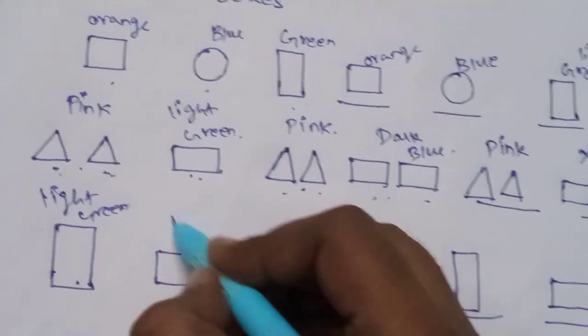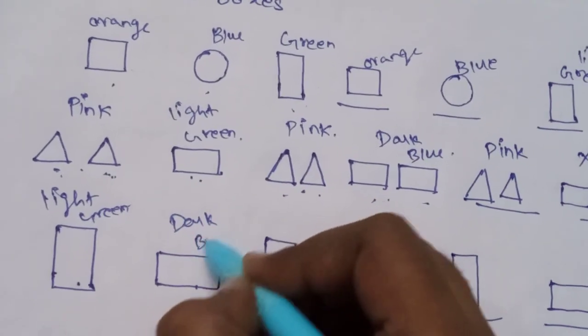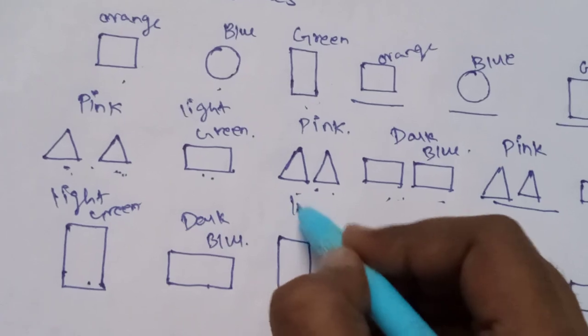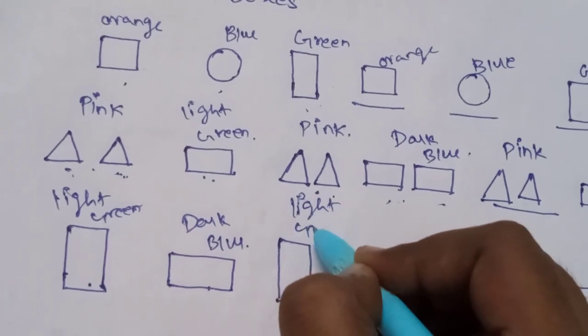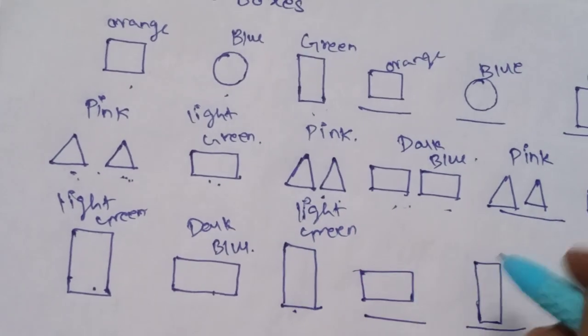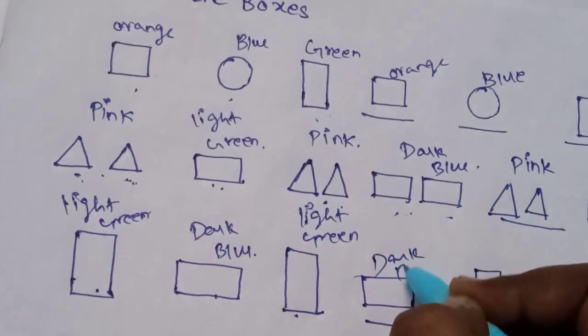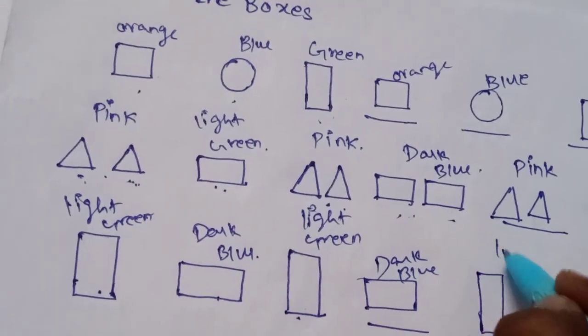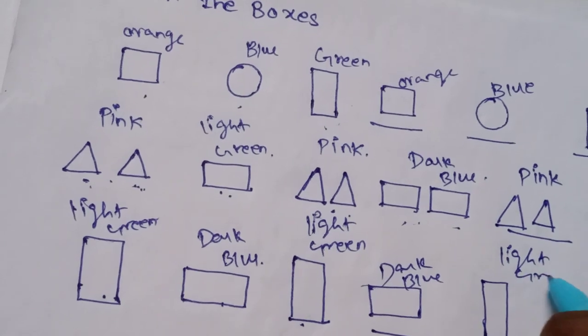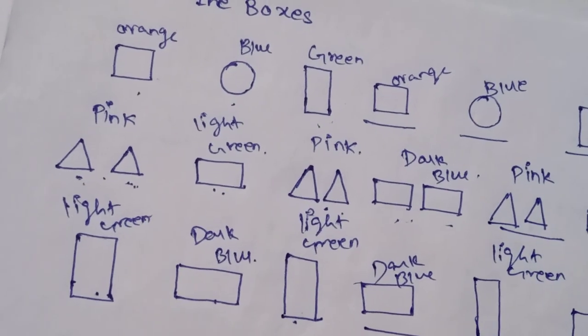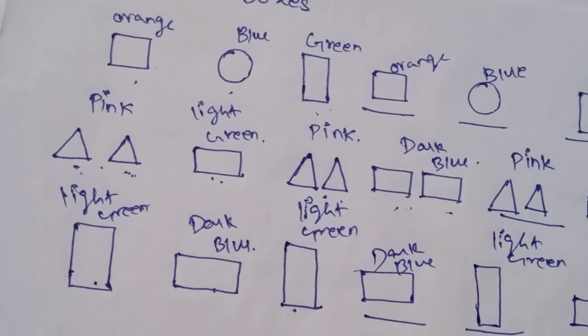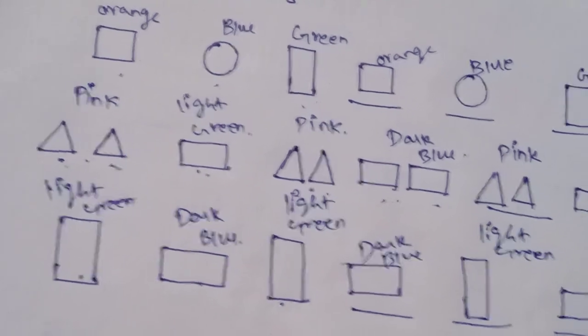Dark blue for this triangle, light green for this rectangle. Then you have to give dark blue for this one we have drawn, then light green for this standing rectangle, and again dark blue for this lying rectangle.